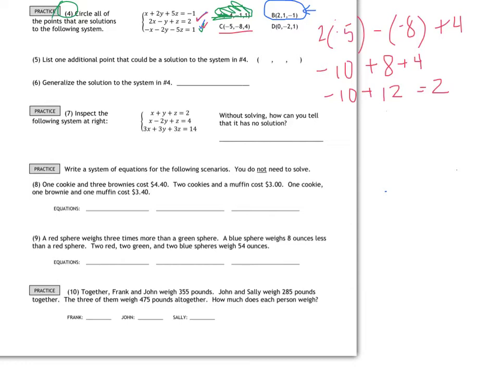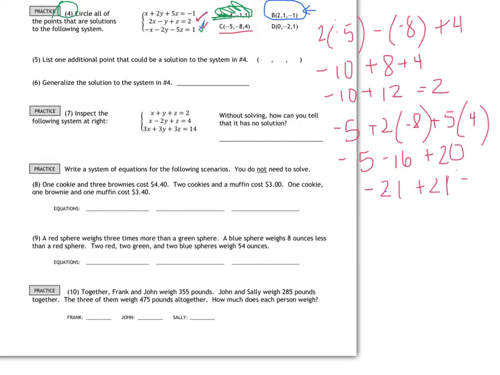And now we need to plug it into the top. So this is good practice. Negative 5 plus 2 times a negative 8 plus a 5 times a 4. So double check, make sure I plug them all in correctly. Looks like it. So I have negative 5 minus 16 plus 20, is negative 21 plus 20, which is equal to a negative 1. So this guy here works for all three of them.